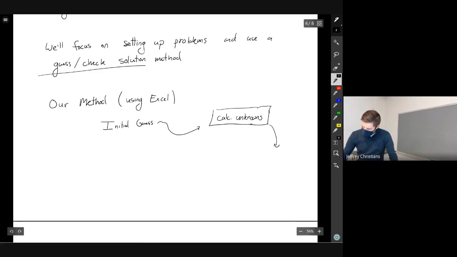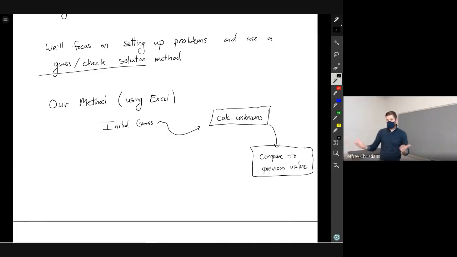Then we'll take that and compare our new calculation to the previous value if we had a previous value. So we'll compare it to what our initial guess was. We'll put an initial guess in, use that to calculate things, then compare it with what our initial guess was.